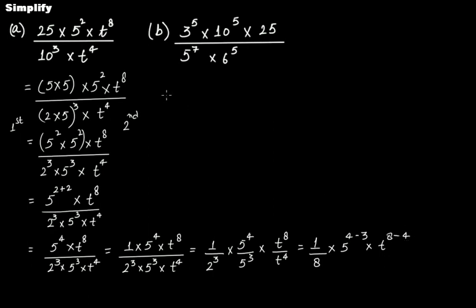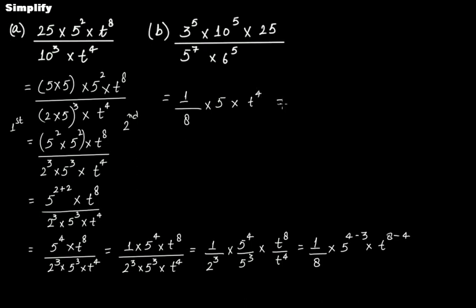So I'm writing it here now. This becomes 1 over 8 times 5, and 4 minus 3 is actually what? 1. So we don't need to write the exponent in this case. This is 5, and this is t to the 4th power. Right?